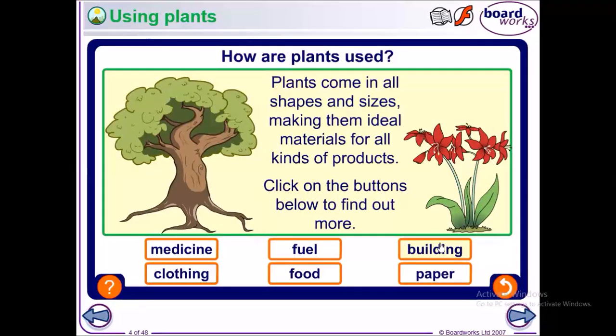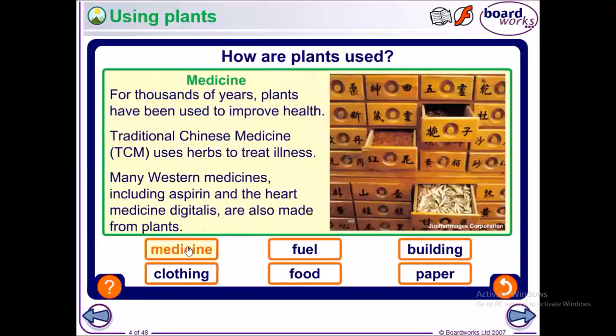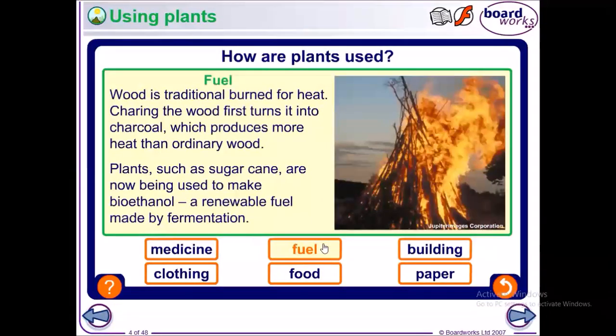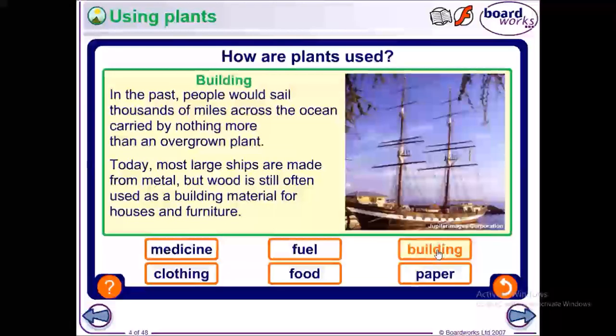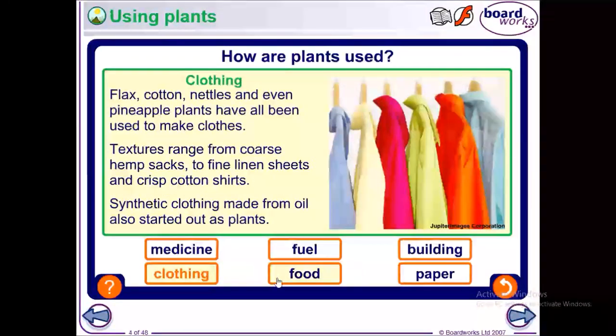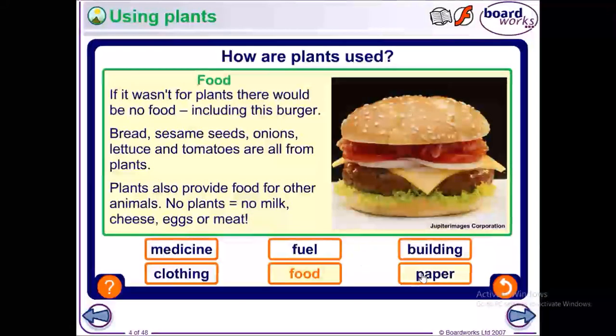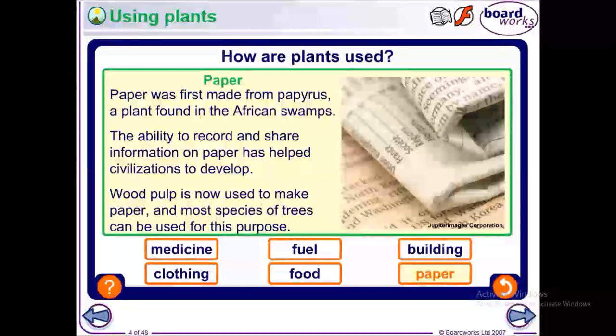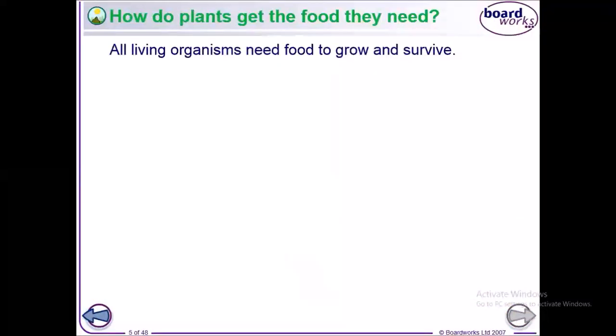Here we can say how plants are used for medicine, fuel, because we use wood to burn things, for building, like building ships from wood, and clothing, cotton, food, and making paper. So basically, plants are needed for many things.